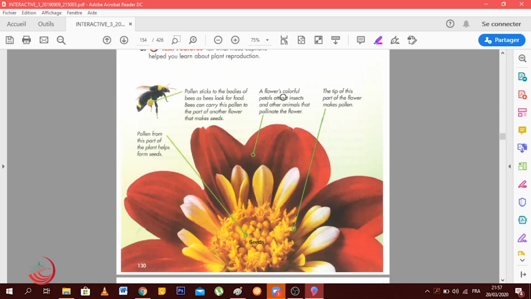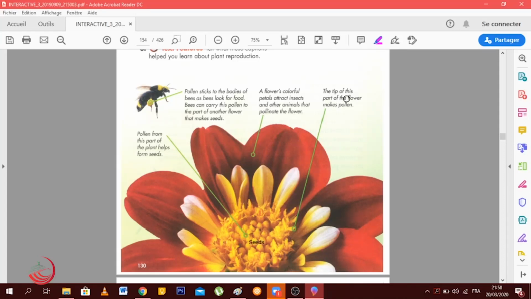A flower's colorful petals, like beautiful red petals, attract insects and other animals that pollinate the flower. So the insects and the animals come to the beautiful petals, and when they're enjoying the petals, they carry the powder, they carry the pollen, and they carry it to another flower.